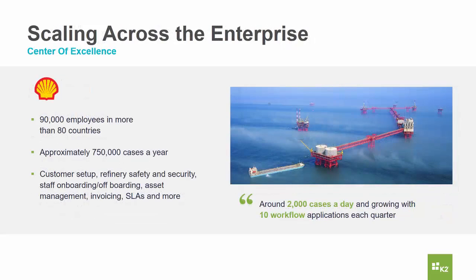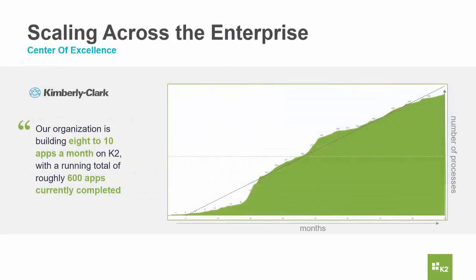We're also seeing this at scale, with mission critical processes, where Shell is using K2 to automate a number of processes across the organization, everything from refinery safety to staff onboarding, and finance processes as well. All these processes are critical to their business. But we also want to do this at scale. It's not just about deploying a handful of mission critical processes.